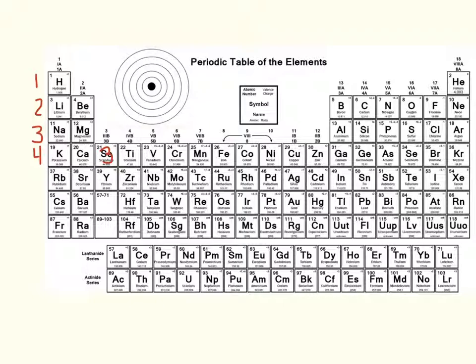And so we have to add 10 electrons to the third energy level before we can move back into the fourth row and start adding our remaining electrons there.